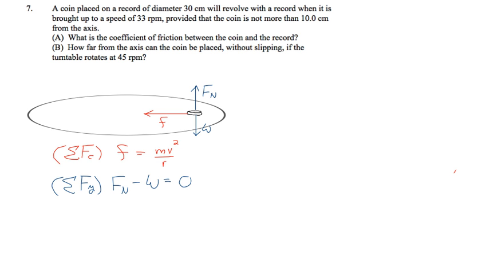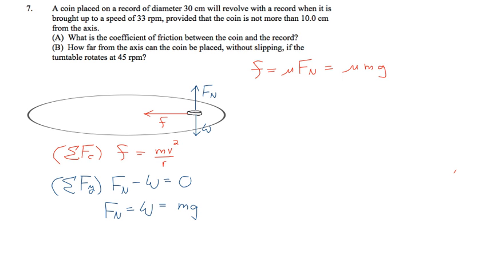So just like the last problem, Fn equals W and W equals mg, because I'm going to want to replace the normal force with mg. So the unknown is mu. Like I did in the last problem, friction equals mu Fn, and Fn equals mg, so friction equals mu mg.